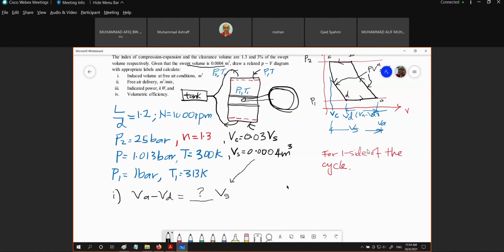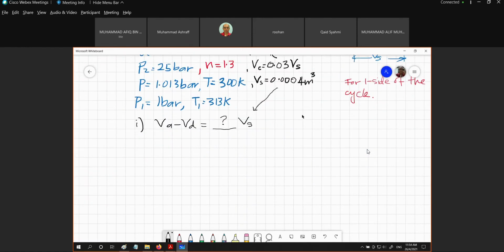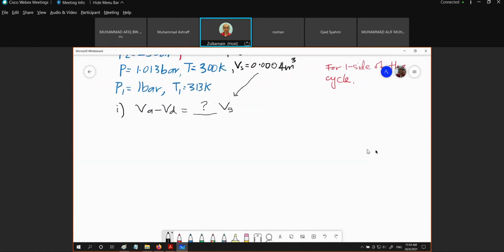So, if you could remember, the term of VA minus VD, we can see this formula from the tau P T 4.